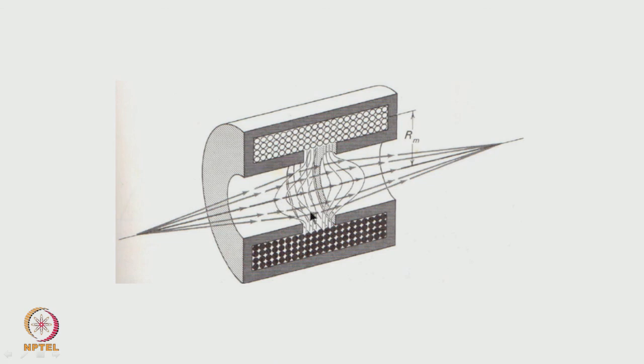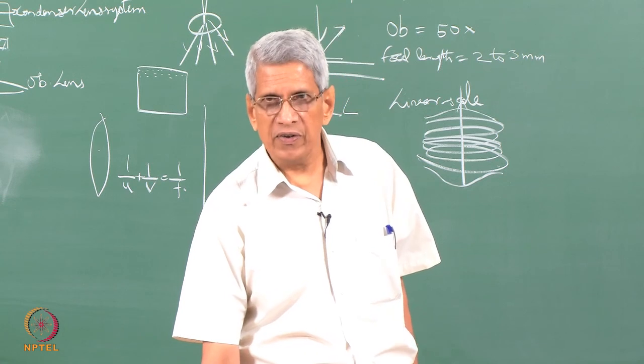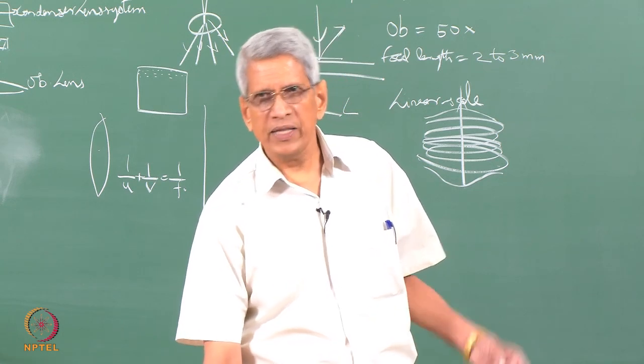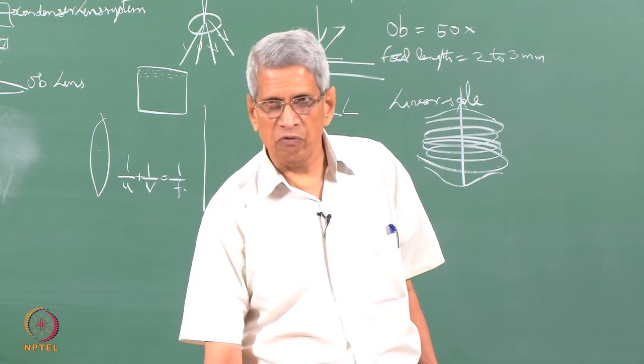That controls the magnetic field, and you can see how the magnetic flux, the field lines, change. The shape now looks like that of a convex lens, and in fact this acts like a convex lens. In an electromagnetic lens, you can only make a convex lens and you can't make a concave lens. So, whatever the aberrations of the lenses, we can minimize them, but we have to live with them.